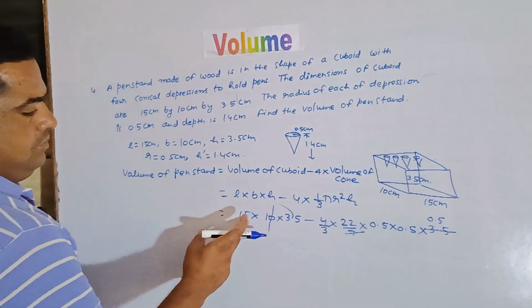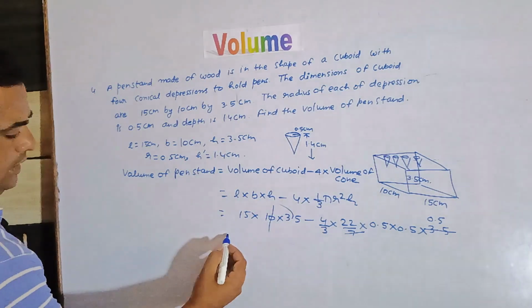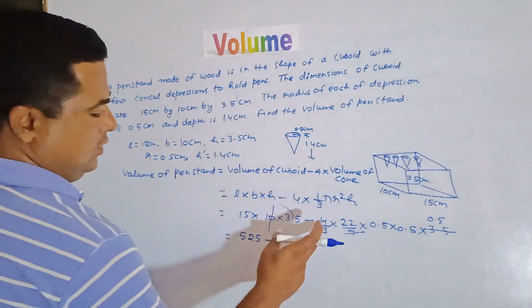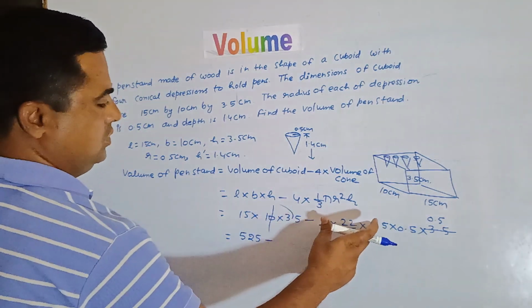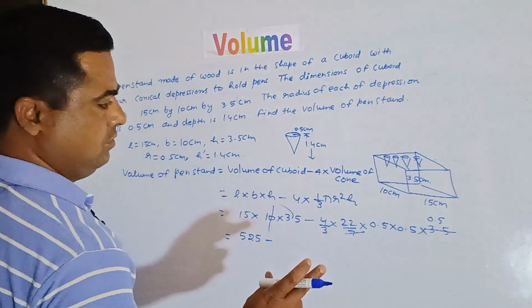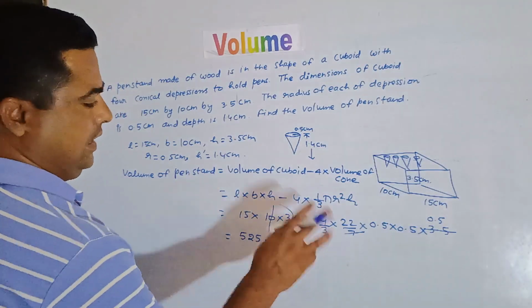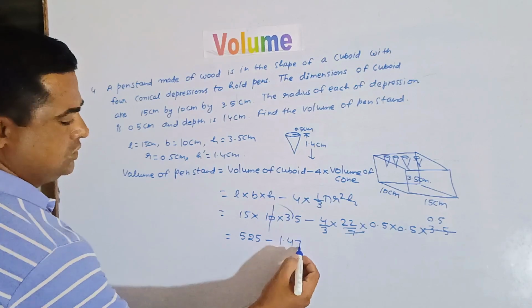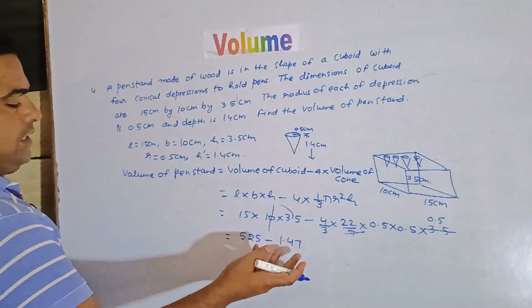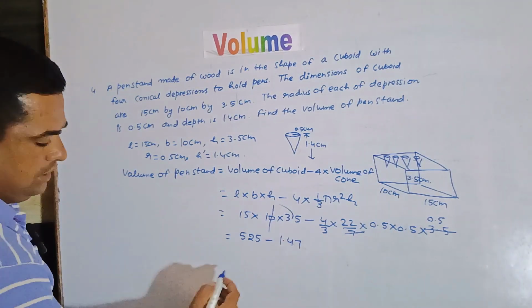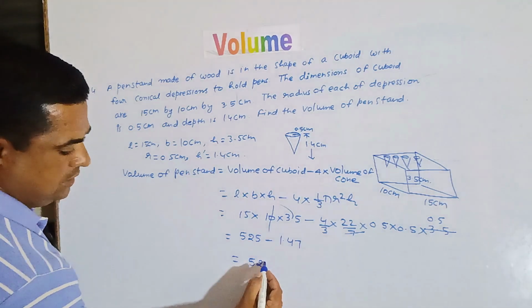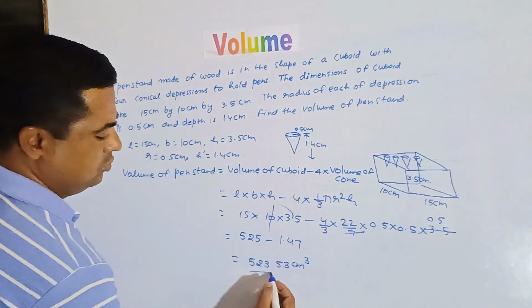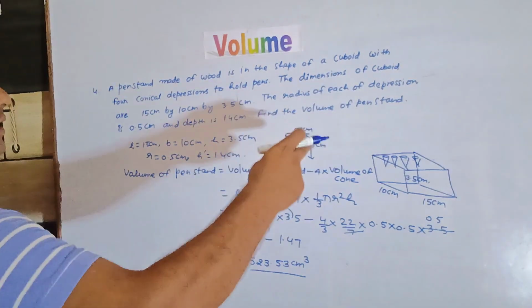If you multiply 15 and 35, we will get here 525 minus, we will multiply 4, 22, 0.5, 0.5, 0.5, and divided by 3, so we will get here 1.47. When you subtract 1.47 from 525, we will get here 523.53 centimeter cube. So this will be the volume of this pen stand.